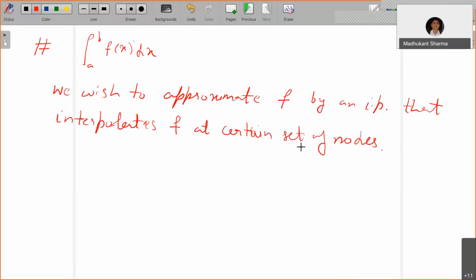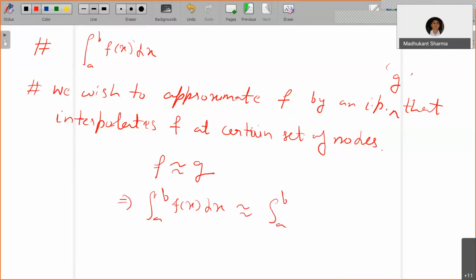Now let's have the Lagrange form of the interpolating polynomial, say g. So f is approximated by g, then integration a to b f of x dx will be approximately equal to integration a to b g of x dx.